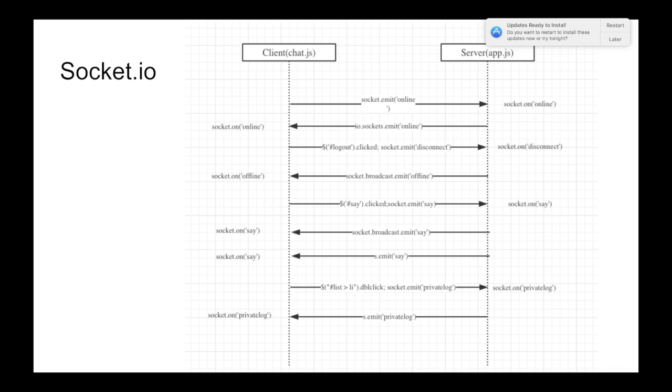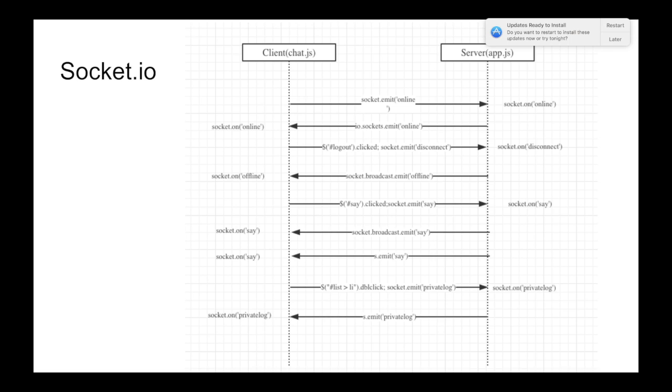As for Socket.io, here is a diagram I use to illustrate the communication between the client and server. For example, if a person wants to post a message and clicks the send button, one message will be sent out, and the server will use a function to receive this message.